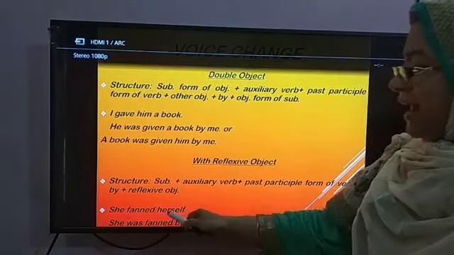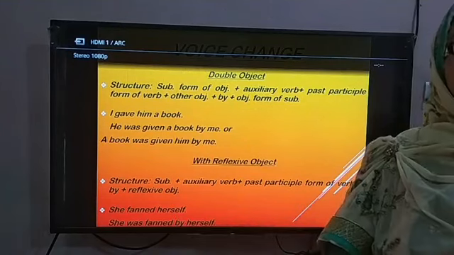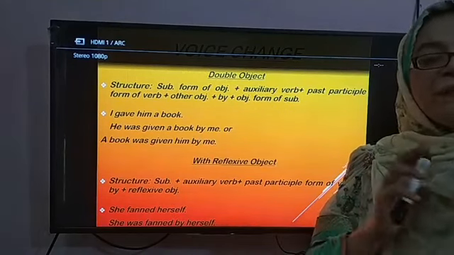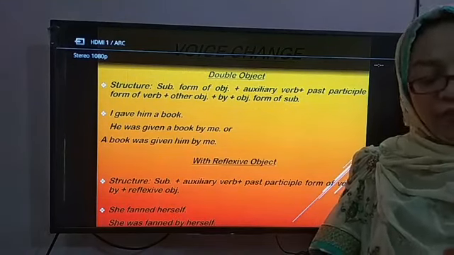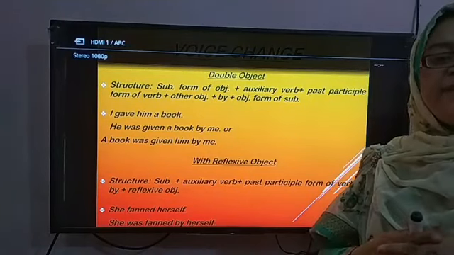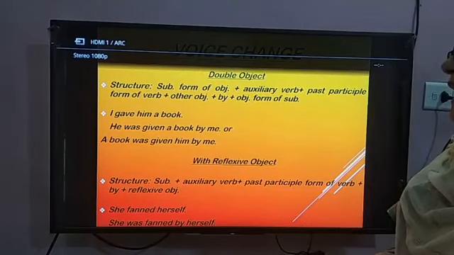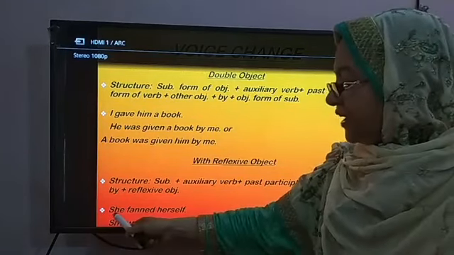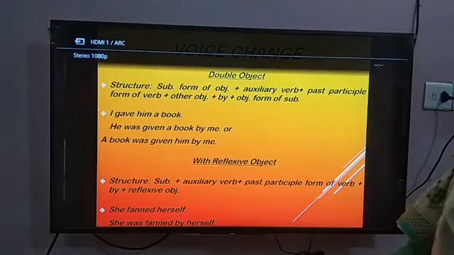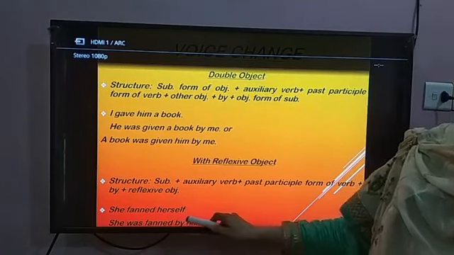Look at this. She fanned herself. This is reflexive. All of you know reflexive pronouns: myself, herself, himself, ourselves. Here you see she fanned herself, the use of a reflexive pronoun as an object.